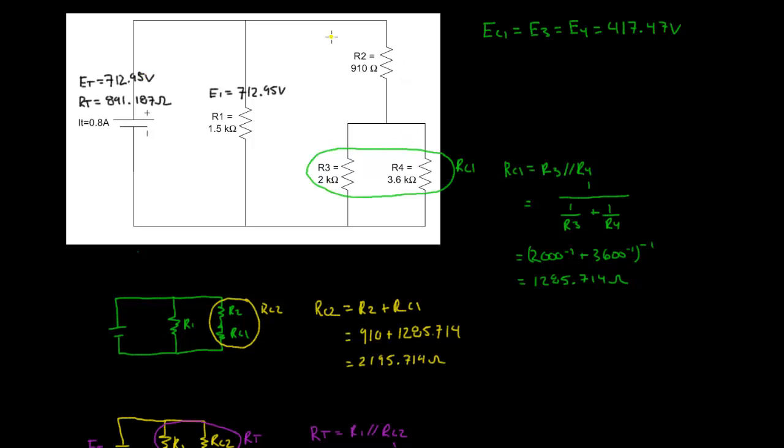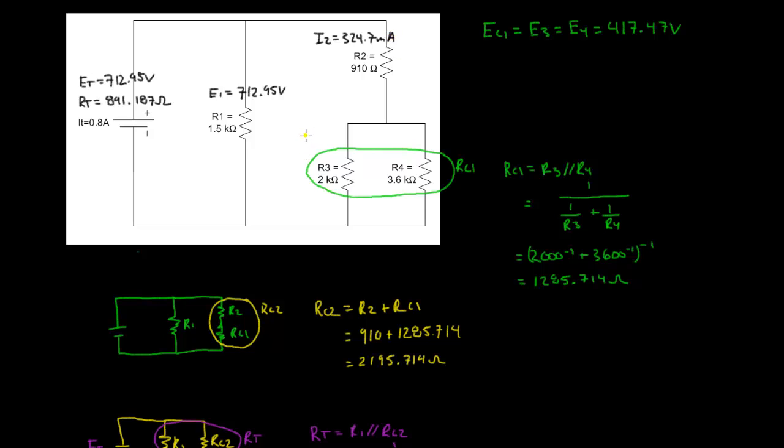We solved that I2 is equal to 324.7 milliamps.